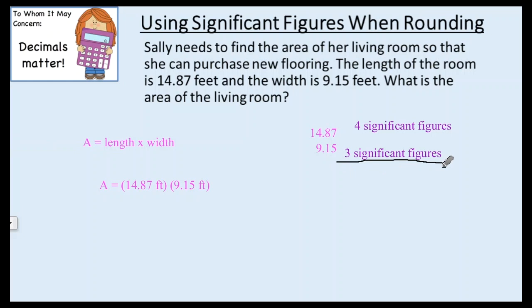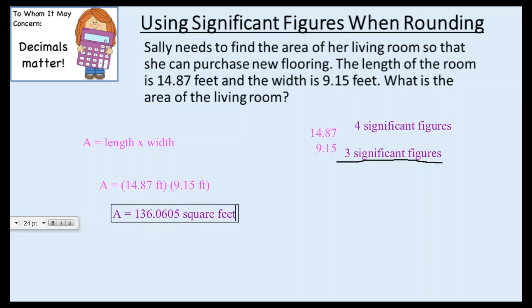So I'm going to do 14.87 times 9.15, and my answer is going to come out to 136.0605. And just a little side note here, we're dealing with area, so we want to have feet squared or square feet.